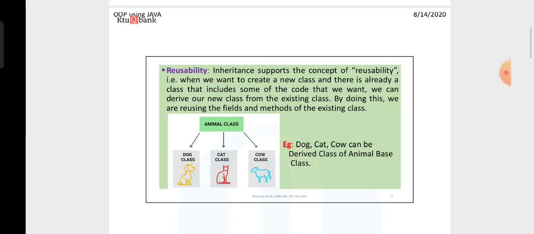If you take an example of animal as the main class, or superclass or parent class, from the superclass many subclasses are created, that is the dog, cat and cow classes. So these dog, cat and cow classes can take the properties or the code from the animal class. So this is reusability. So that animal class code will be reused by the multiple classes.